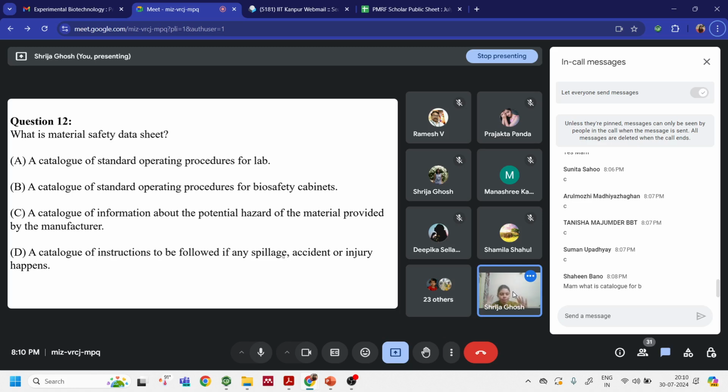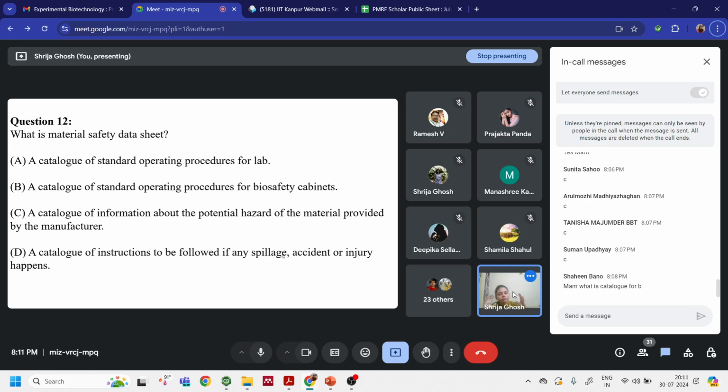If you are working with E. coli, you will have a normal laminar flow hood. If you are working with some infectious agents, you will have a higher level of biosafety cabinet. Those are equipment and instruments.